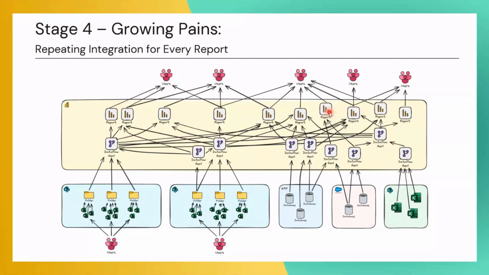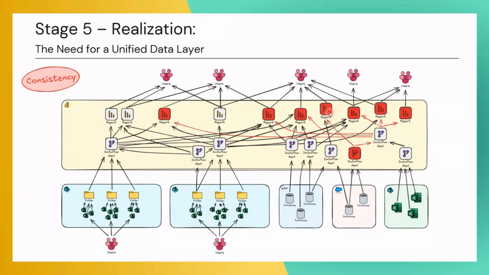To stress this even more, let's add some new data flows, data sources and reports in here. And I think you all see that this looks quite complicated, right? And more, I realized, and then we go to stage 5, that there's a need for a unified data layer.